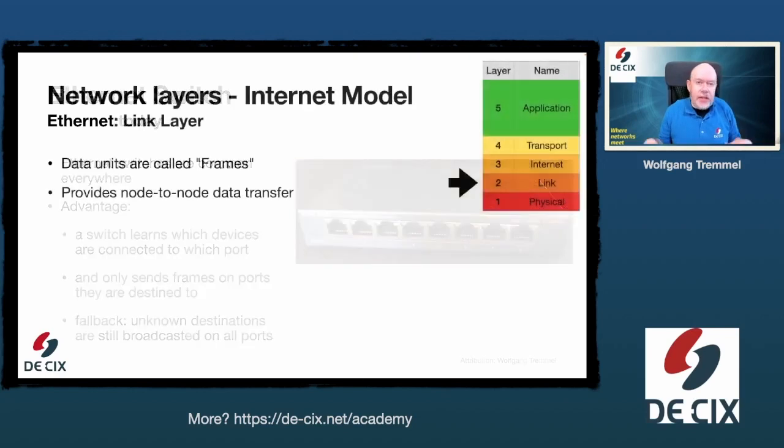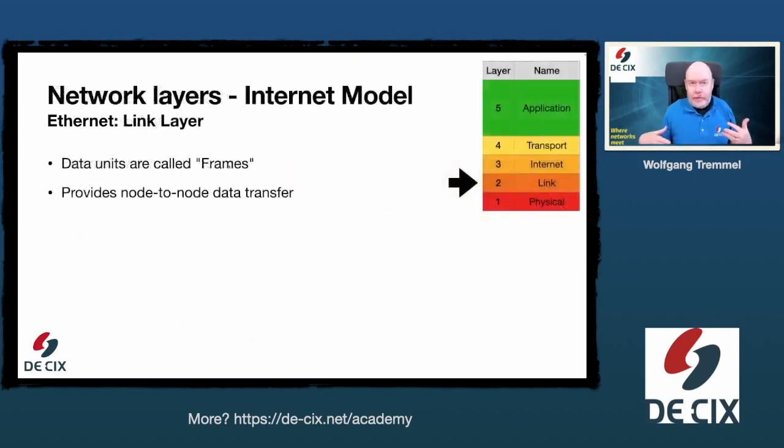And Ethernet, if you remember the layer model I introduced in part 1, is on layer 2. It's called the link layer. Data units are called frames, and the purpose of the link layer is to provide node-to-node data transport, not from here to Australia, but just from this desk to the next desk or to the basement. So really node to node.